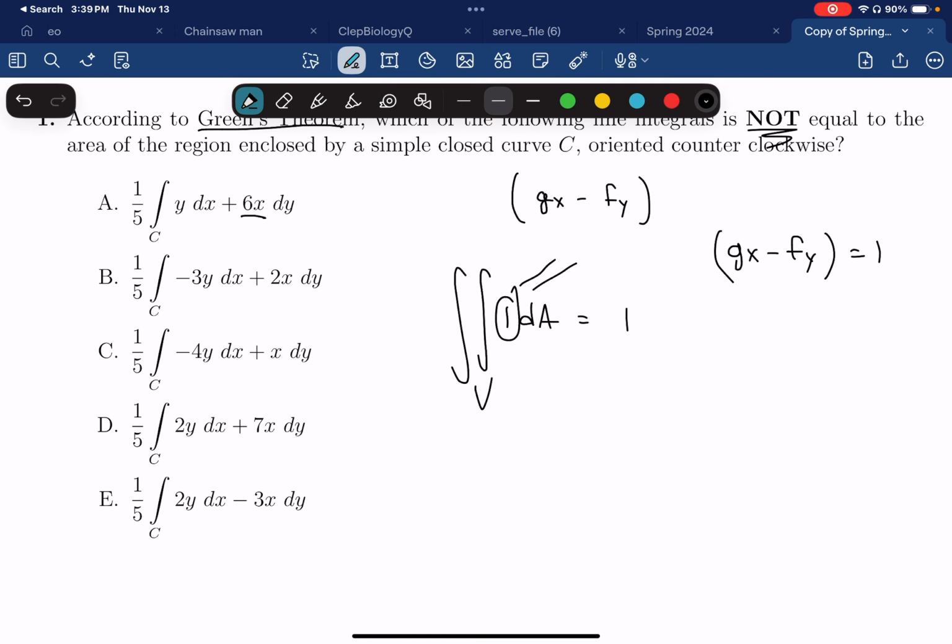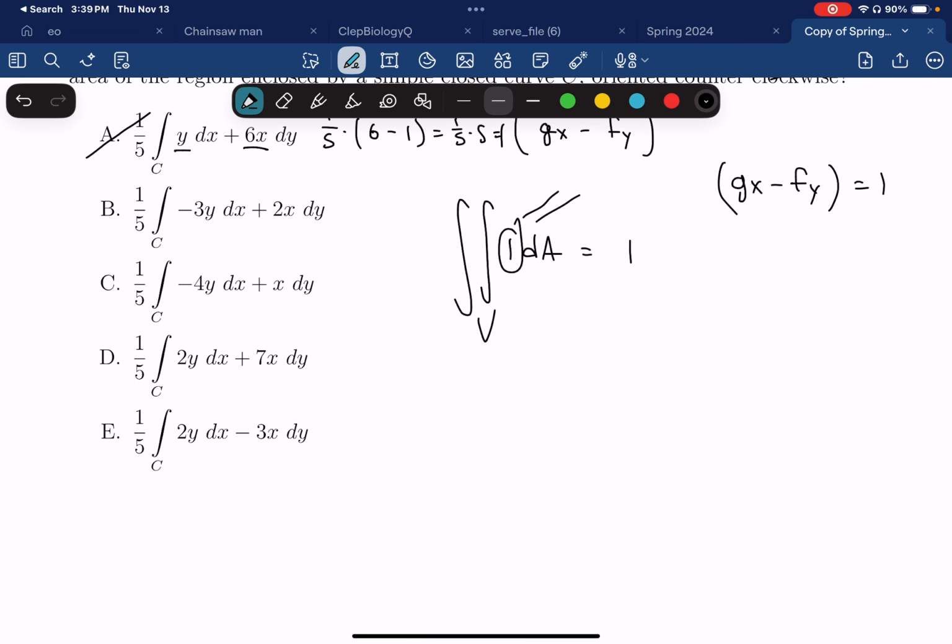So in this case, it will be 1/5 times 6 minus 1. So that'll be 1/5 times 5, which is 1. So it can't be A. And this will be 1/5 times 2 minus -3. That'd be 5 times 1/5 equal to 1.